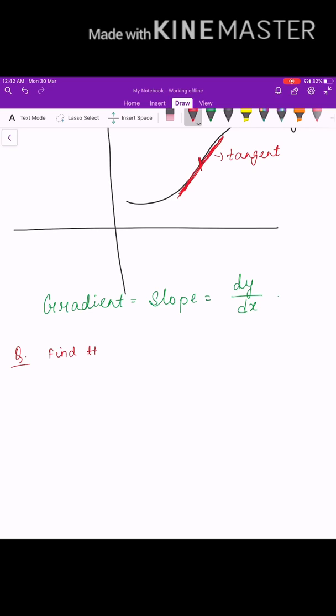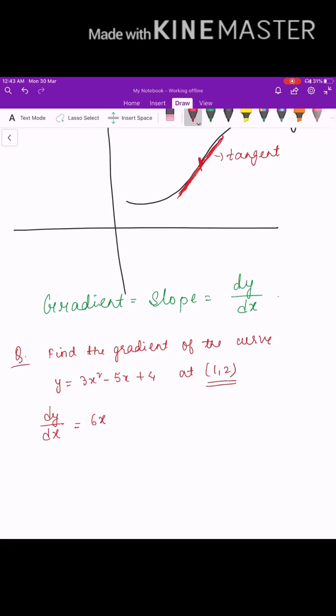Find the gradient of the curve y is equal to 3x square minus 5x plus 4 at (1, 2). So here I have to find the slope of the curve y is equal to 3x square minus 5x plus 4 for this particular point. So slope is nothing but dy by dx, so I have to differentiate: 3 into 2, 6x minus 5, right?